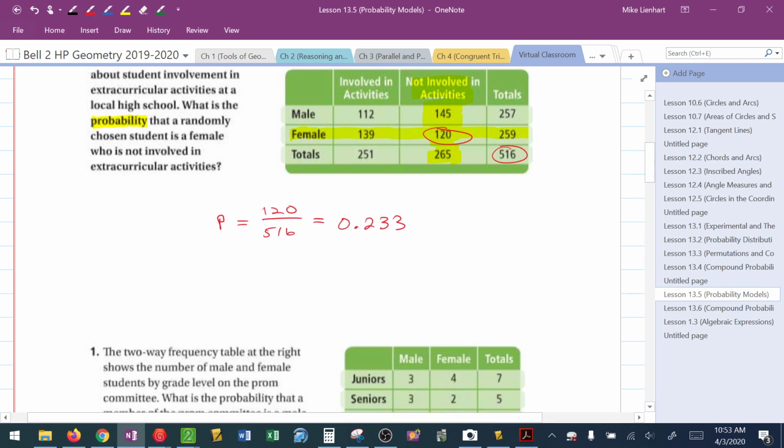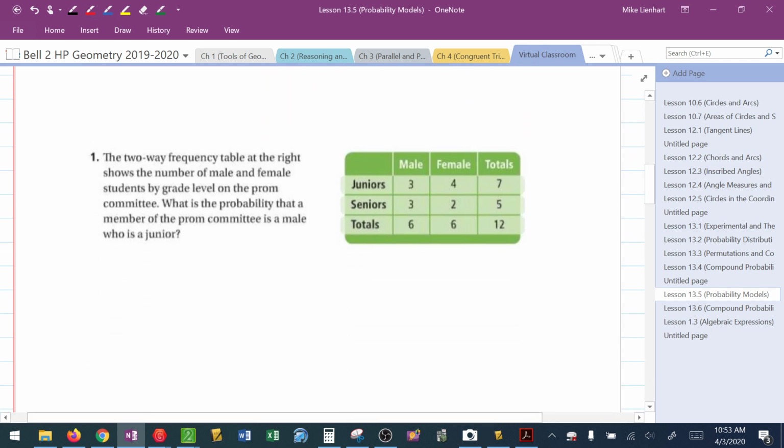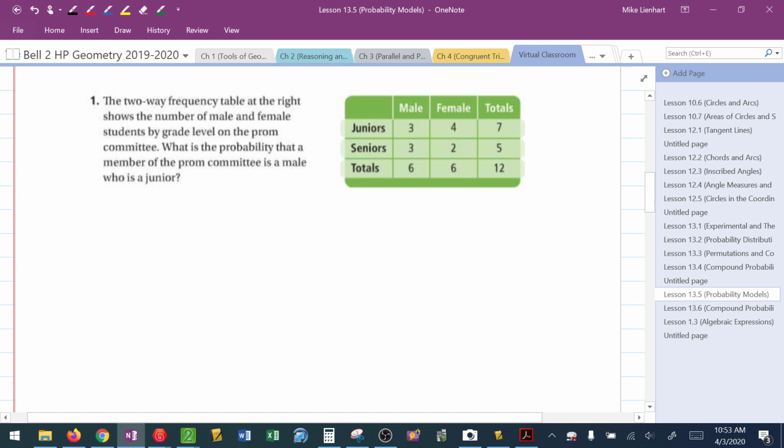Okay, so let's take a look at another example here. In this two-way frequency table, you're comparing male and female students by grade level on the prom committee. What is the probability? I know I'm doing success over total. That a member of the prom committee is a male who is a junior. My males would be that column.